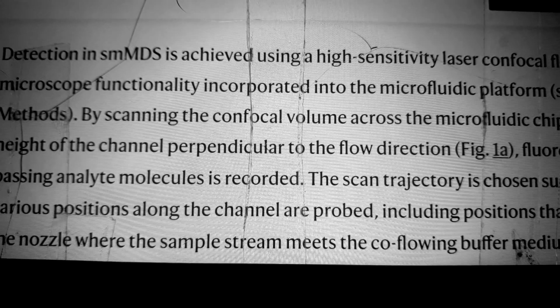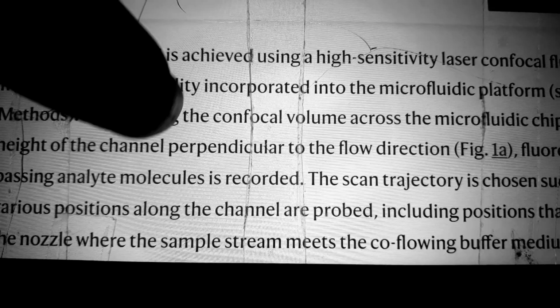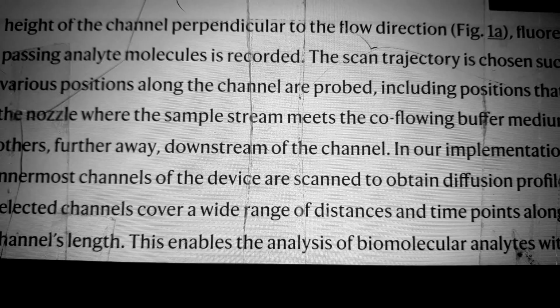Detection in SMGS is achieved using high sensitivity laser confocal fluorescence microscope functionality incorporated into the microfluidic platform, see methods. By scanning the confocal volume across the microfluidic chip at the mid-height of the channel, perpendicular to the flow direction, fluorescence from passing analyte molecules is recorded.